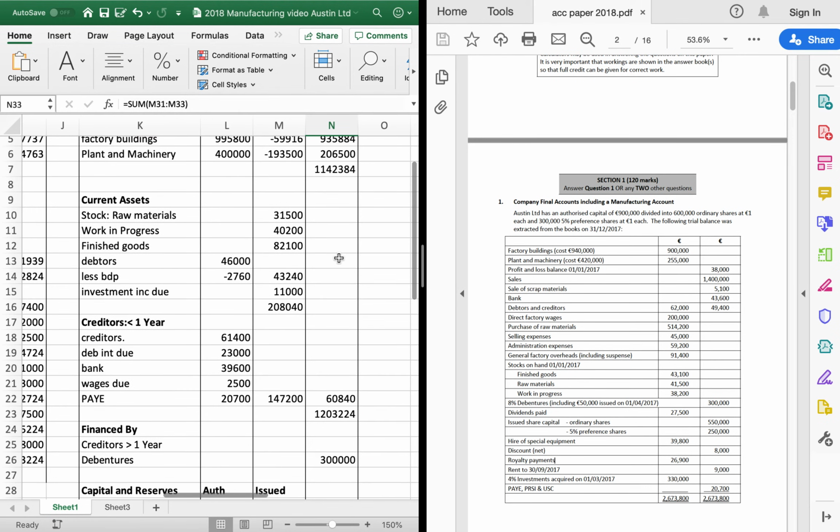What have I done? I left out investments. Again, sorry about this. It was definitely investments. Where are they? 330. So hopefully it balances now.